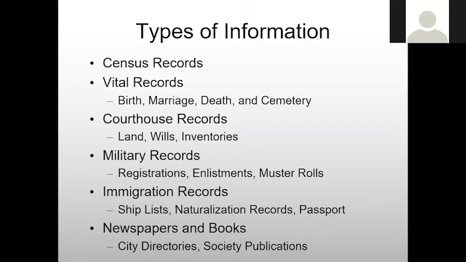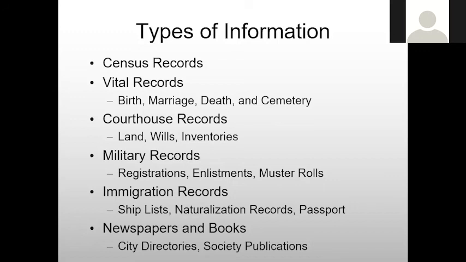When we want to branch out and do the genealogy and find the proof, what types of information are available to us? For the most part, in the US, we turn to census records. We've been doing censuses from 1790 forward. Many of us filled out census forms this year. They will not be available to the public until 72 years in the future.